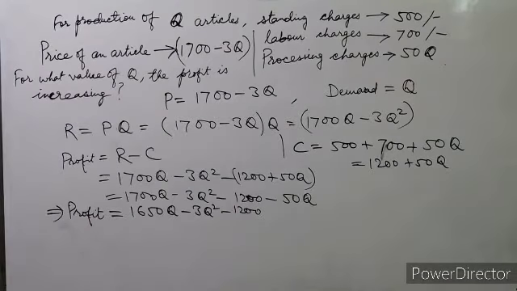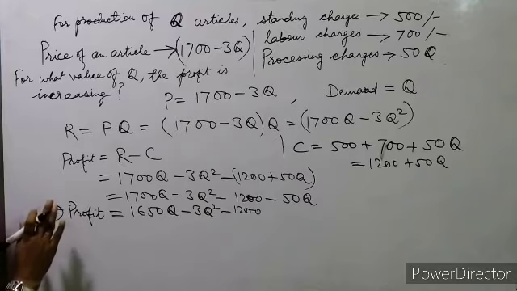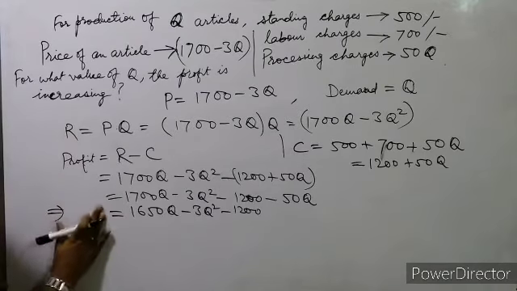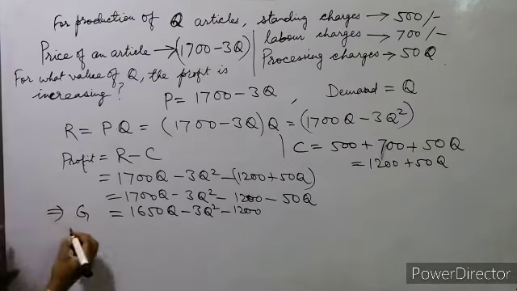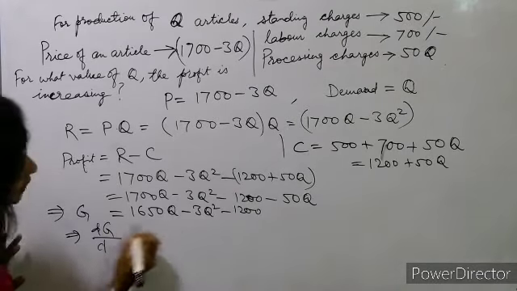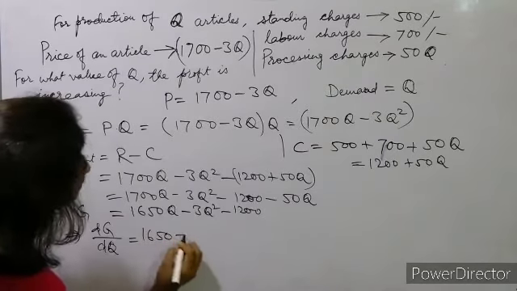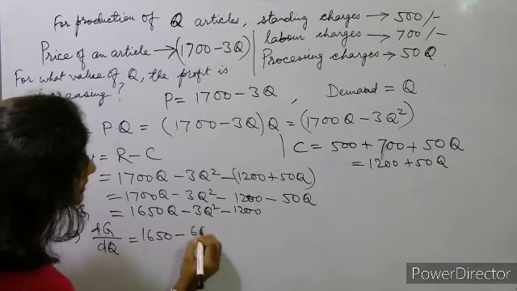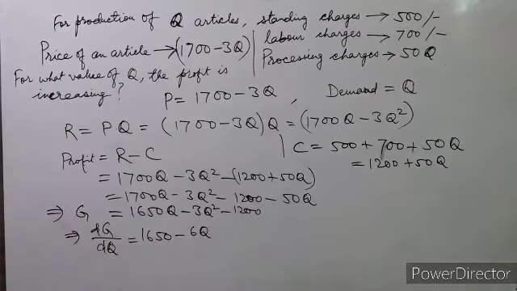What we'll do is differentiate the profit with respect to Q. P is already used, so we'll denote profit by gain, G. So we differentiate, dG upon dQ, which will be equal to 1650 minus 3 into 2, that is 6Q (not Q square), and this will be 0 because it is a constant. This will be the value.